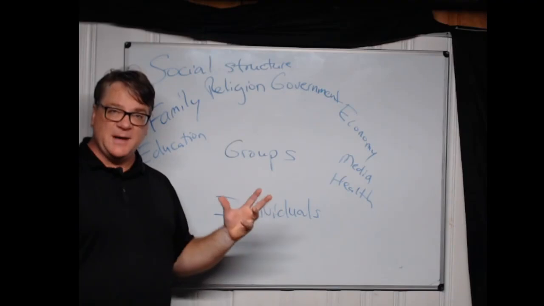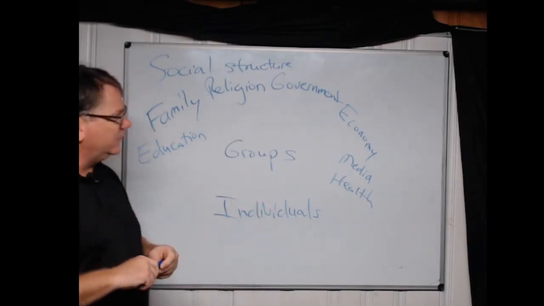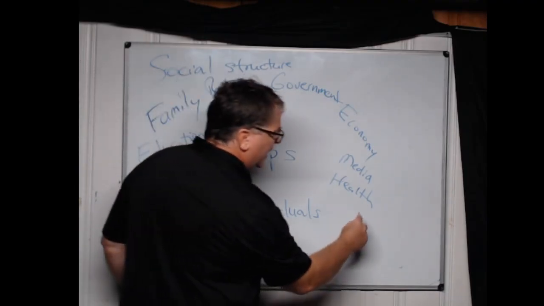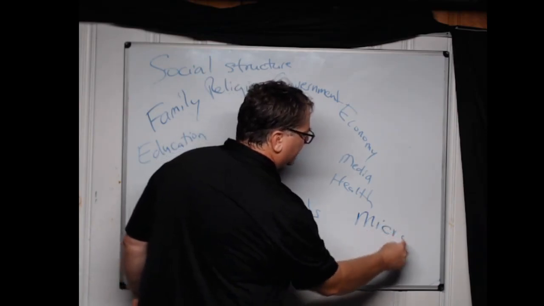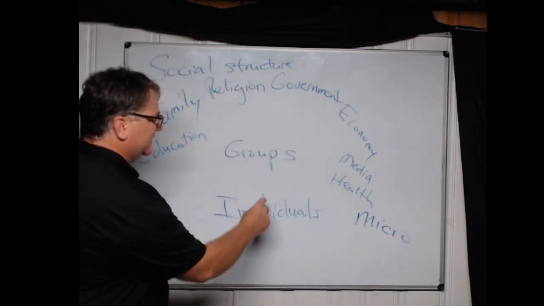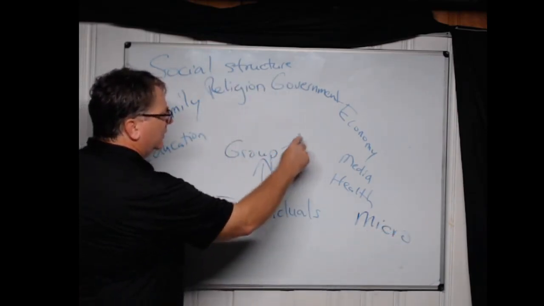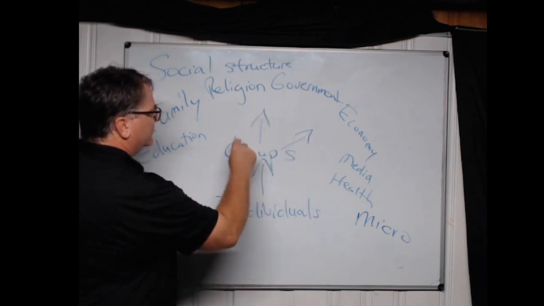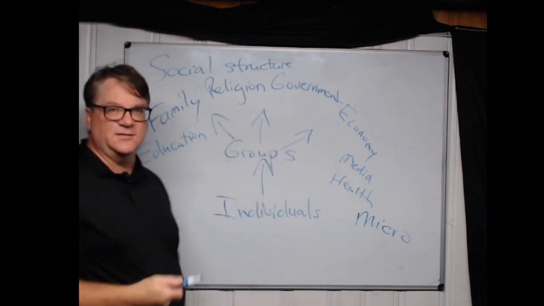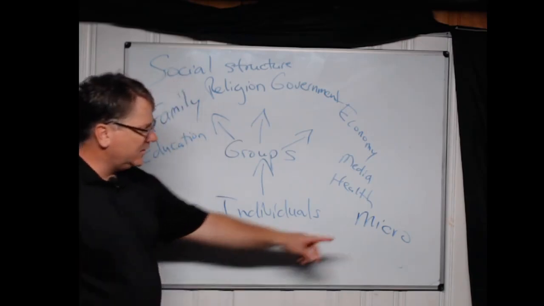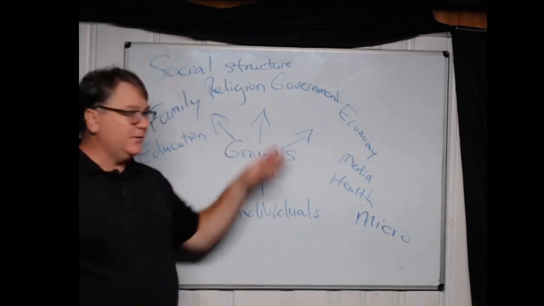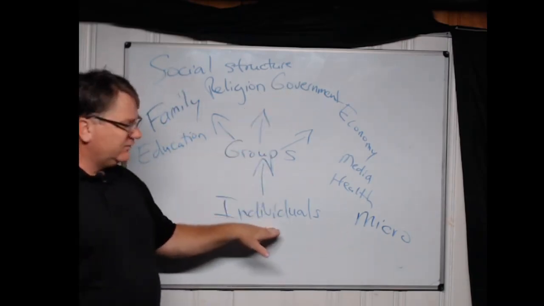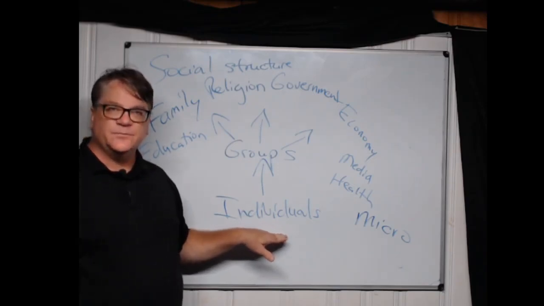Now, there are different perspectives, and let's talk about that for a moment. There's micro-level sociology that looks at society this way. There's different types of practices of sociology. So we call this micro level. So in order to understand society, you have to understand individuals.